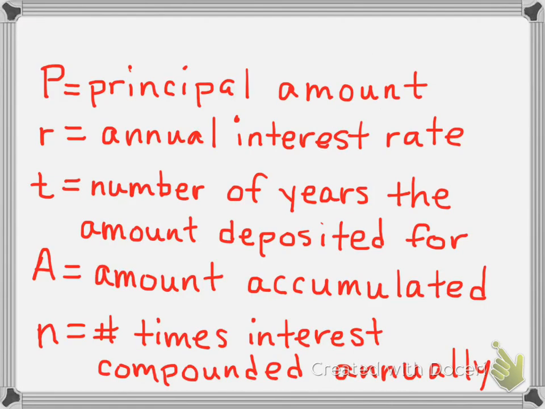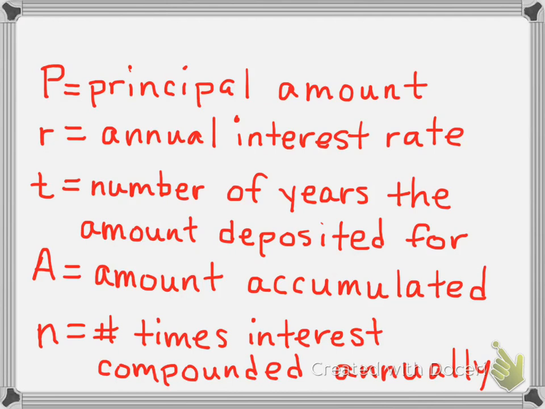The formula looks somewhat intimidating, but once we decide what these variables stand for, it makes the formula a lot easier to understand. For instance, the capital P is the principal amount of money that one is borrowing or has deposited into a savings account.